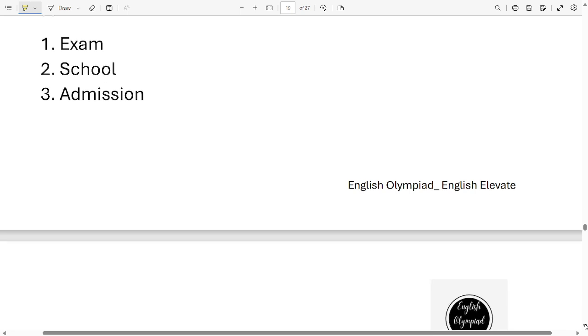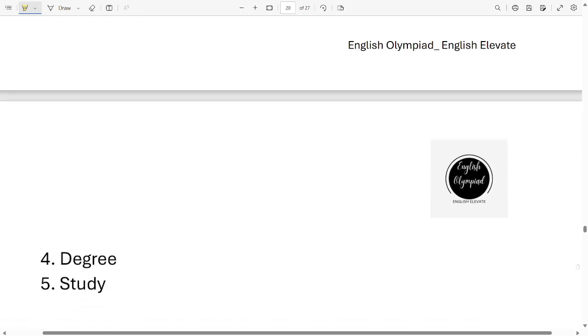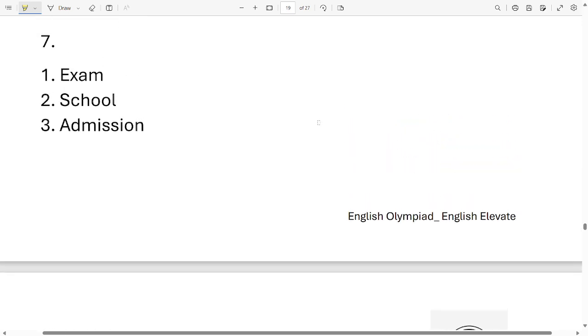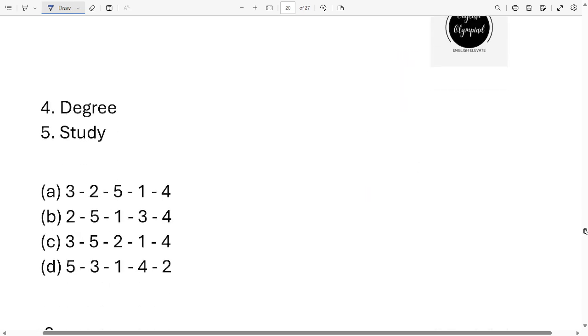Next one: exam, school, admission, degree, study. Rearrange it. What will be the correct sequence?